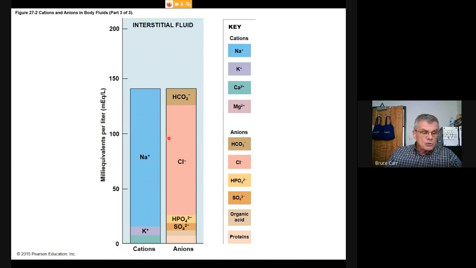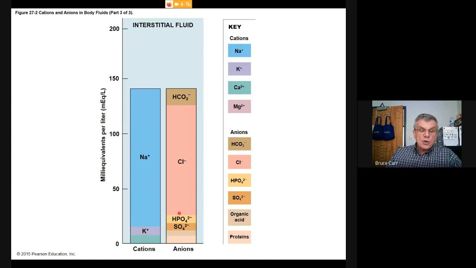When we look at these interstitial fluids, again, I want to emphasize this is a continuous pool of fluid around the cellular entities inside the body. So sodium is the big cation with potassium and calcium being found, but again, only in small levels.